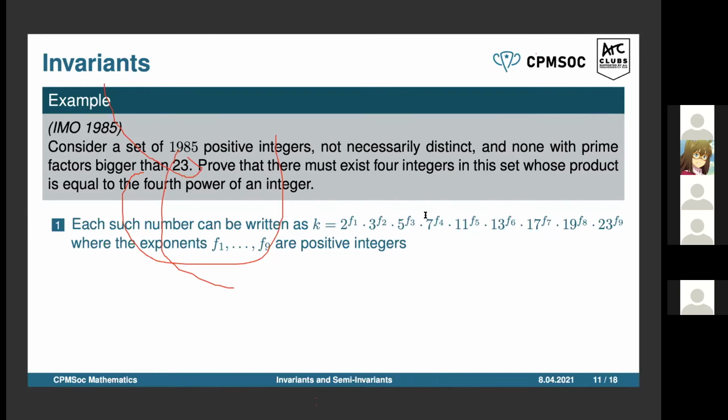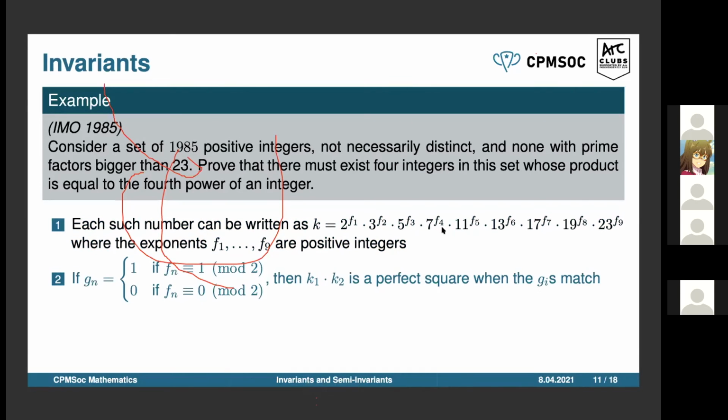Okay, so each number has prime factors that are all at most 23. So you can write the numbers as 2 to the power of some f1, times 3 to the power of f2, times 5 to the power of some number f3, and so on, up to 23 to the power of f9.